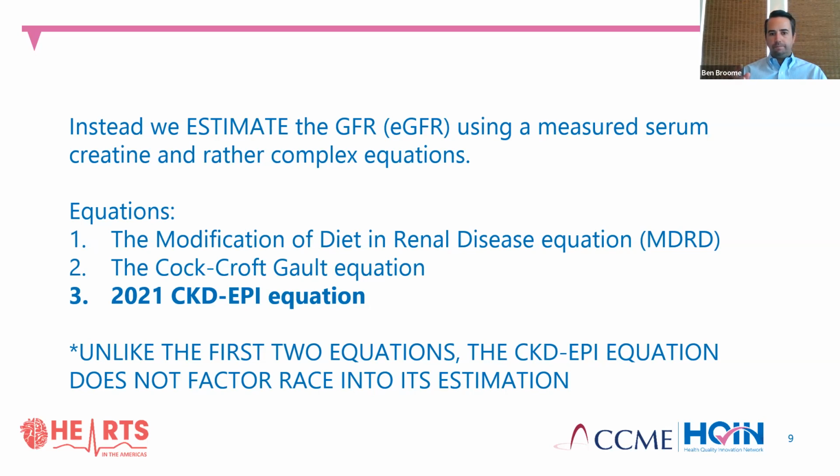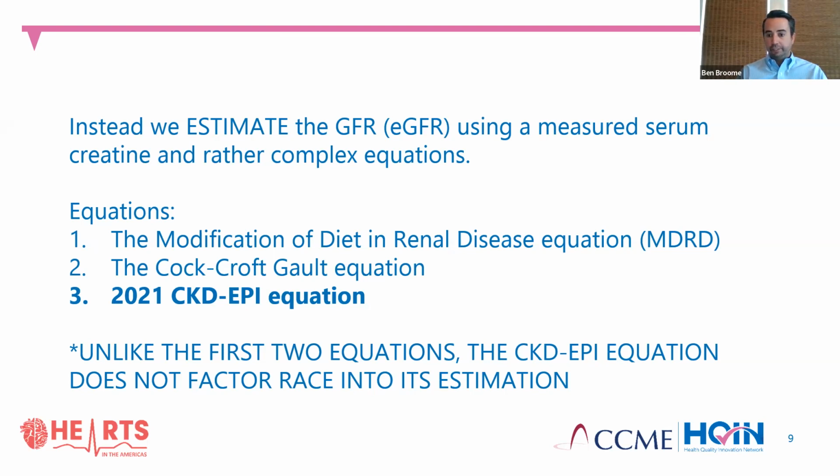That's often why there are still many labs where, when you order basic chemistries, they will report two different estimated GFRs. One will say African-American and one will say non-African-American. There is less controversy in that now as it's become more and more accepted that race shouldn't be taken into account when doing this. So the now accepted equation to produce an estimated GFR based on creatinine levels is the 2021 CKD-EPI equation.